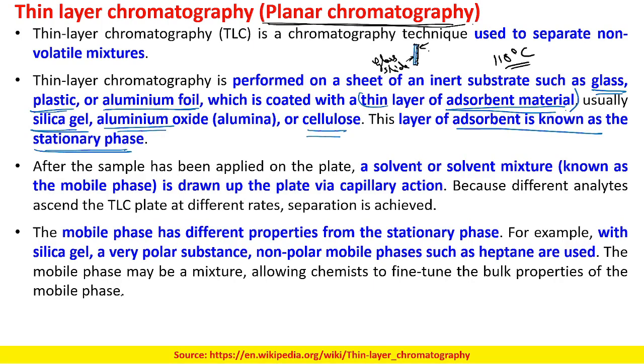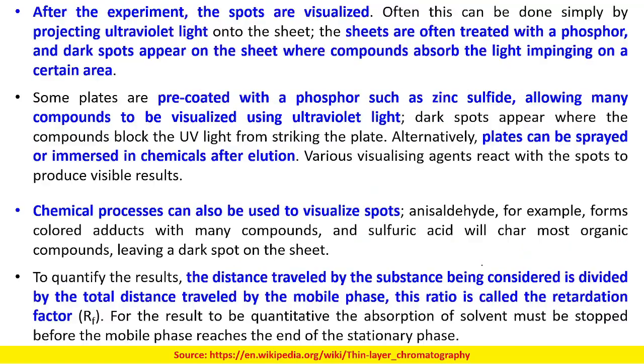In general, commonly you will find silica gel. It is used in most of the cases. In most of the laboratories, silica gel is used, and usually non-polar mobile phases like heptane are used for the separation.